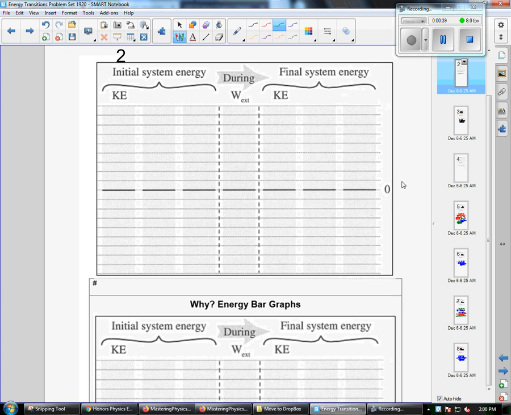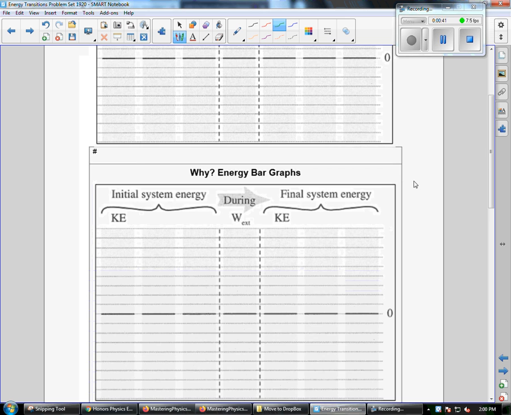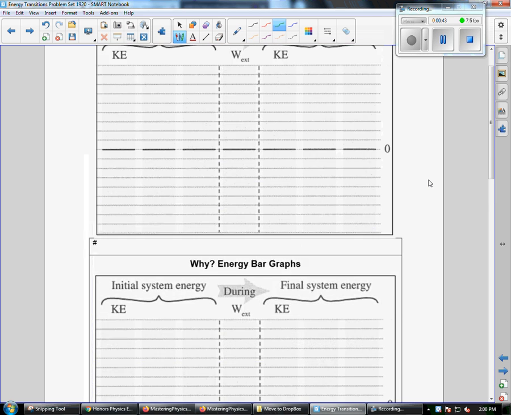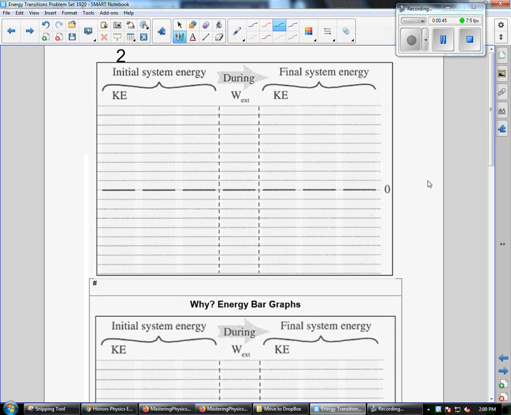All right, so we've got 2 graphs to do on this one, right? We've got from when the paint can was on the ground till it's up in the air, and then from it up in the air down to when it's on the ground.